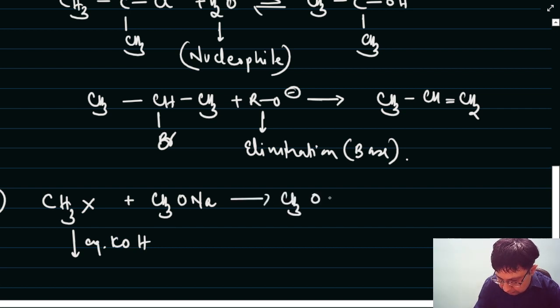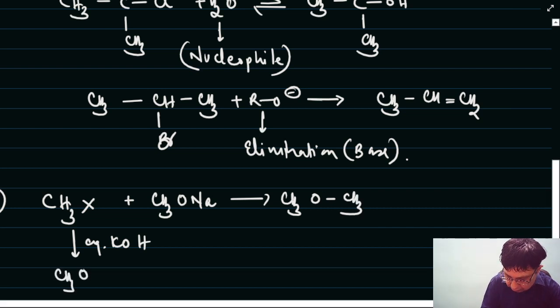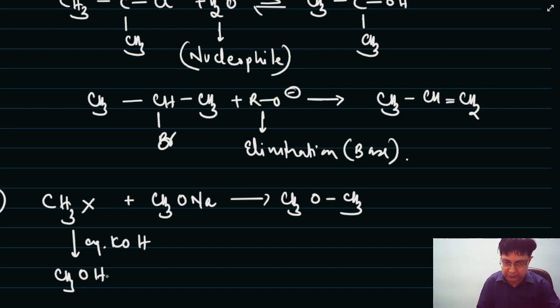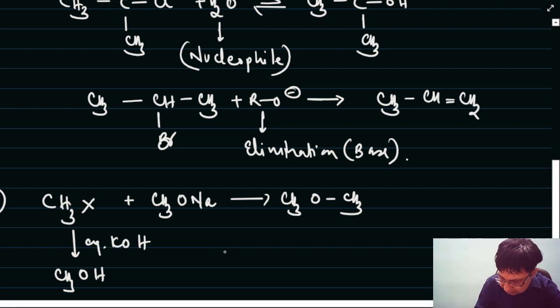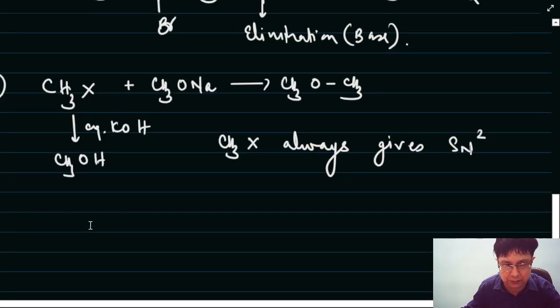There will be the elimination and substitution reaction will, उसकी जगह पर यहाँ पे कौन सी रिएक्शन होगी? It is only the substitution reaction that is going to take place. The first important conclusion over here is that CH3X always gives the substitution reaction by which mechanism? By SN2 mechanism over here.